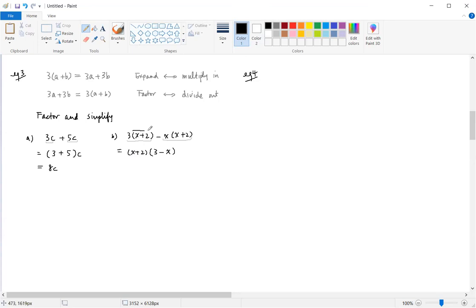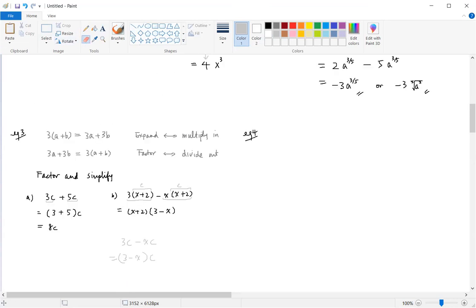Think of this block as c. If you have 3c minus xc, won't you have just 3 minus x that many c? Just like this one. Oh, okay. Never mind.